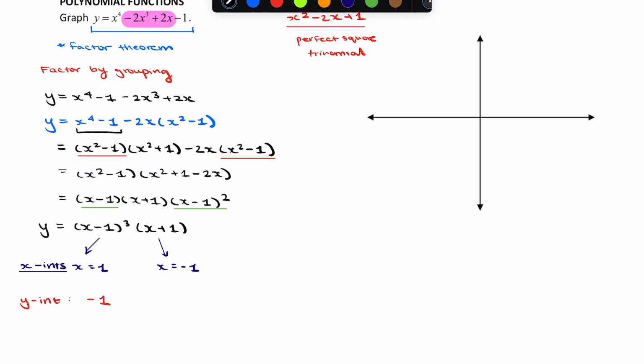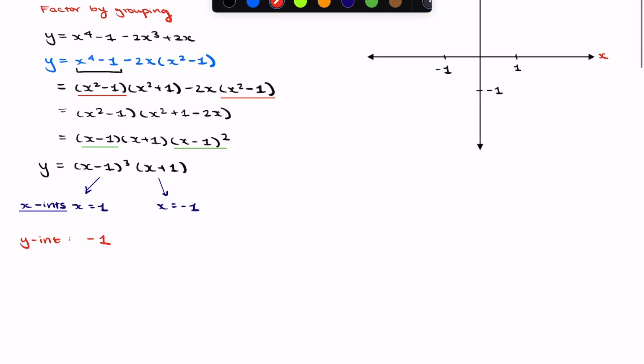So we know that we have our x-intercepts at 1 and negative 1, so we can draw that on the graph, and then we have a y-intercept at negative 1 as well. We'll just label our x and y-axis here.